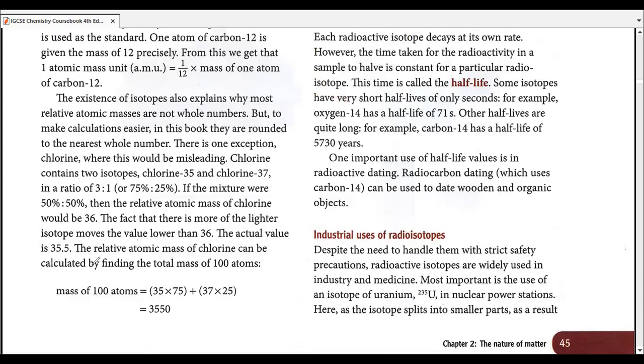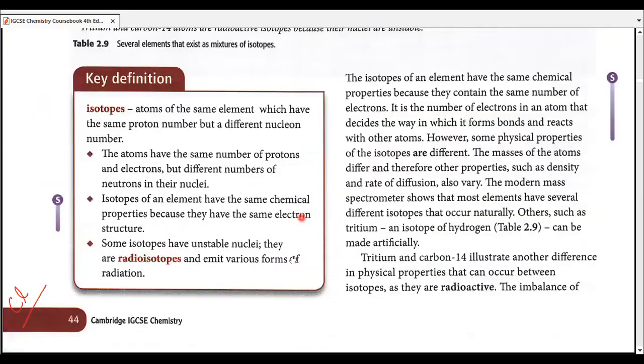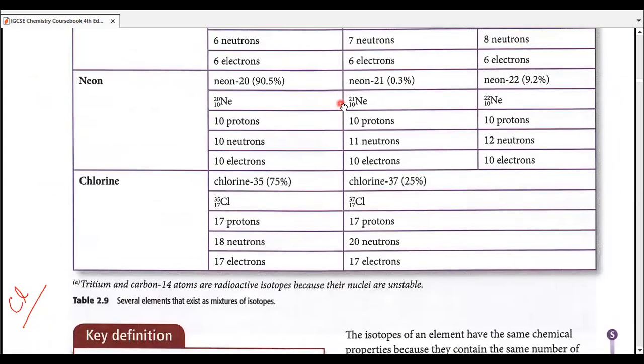We're going to go with the example of chlorine. Before I go with this example, I'm going to go back to the previous page, page number 44, where the table gives you the details about chlorine. Take a look. Chlorine has two isotopes. One of them is 35, one of them is 37.